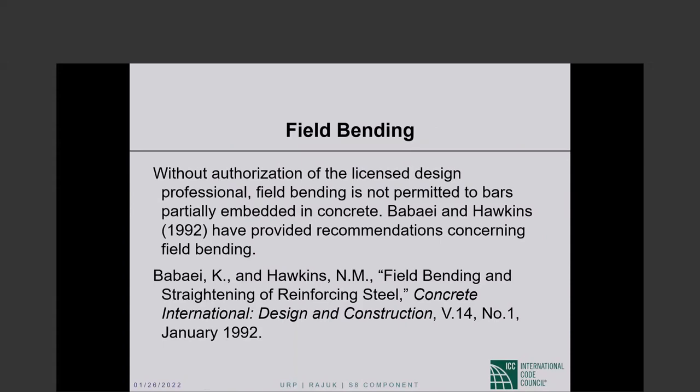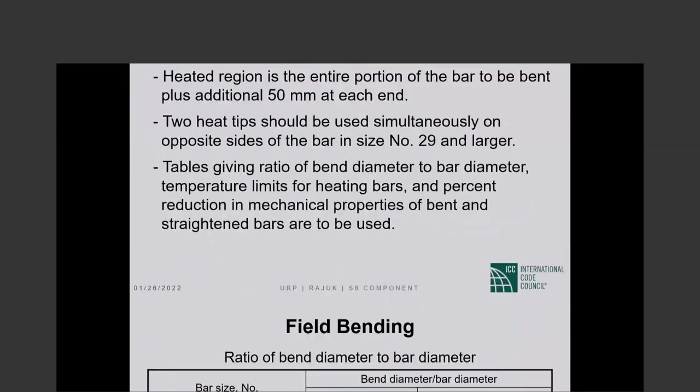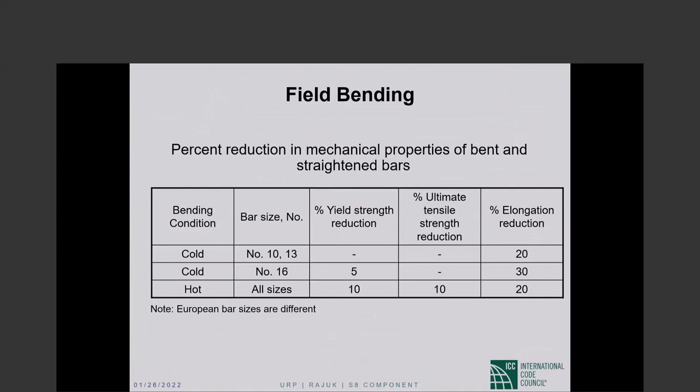Neil Hawkins and one of his students have come up with a paper that is excellent on this subject. They have recommendations concerning field bending in that paper that you can look up, and I have 3 or 4 slides summarizing their recommendations, which I definitely will not go into in this short presentation.